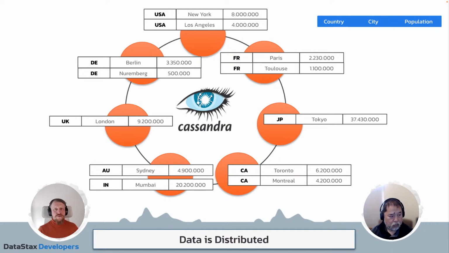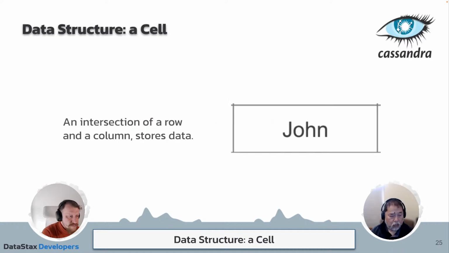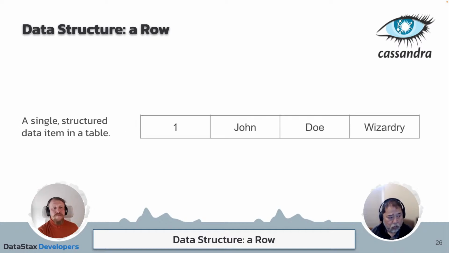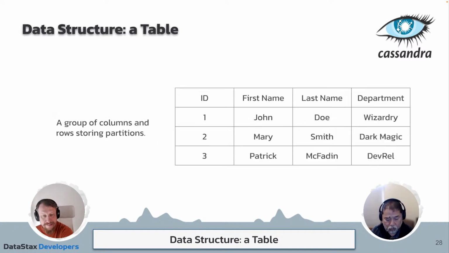If you run a small to medium business, you may not need it so much. But for big projects like Netflix, Amazon or Apple, it's a real pain because they handle so much data that a single relational database cannot handle. And then finally, a table is a group of columns and rows storing partitions.